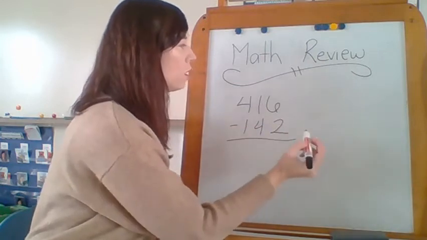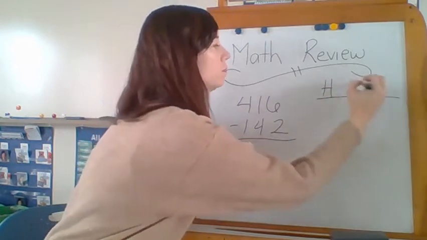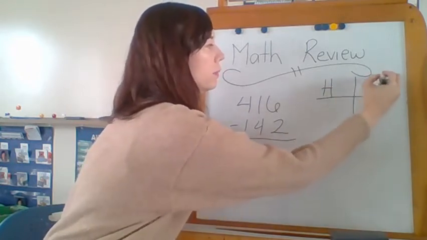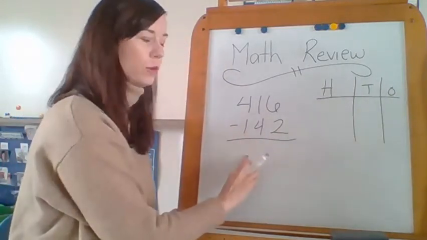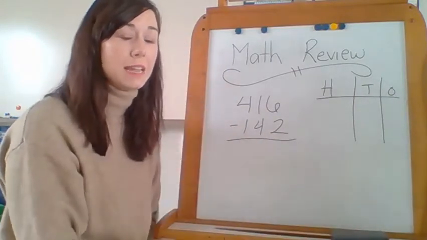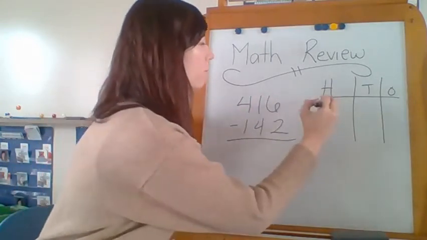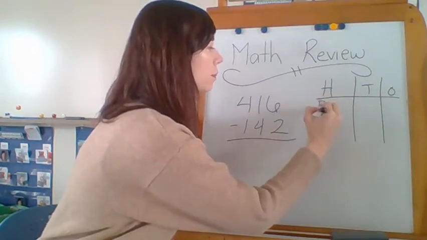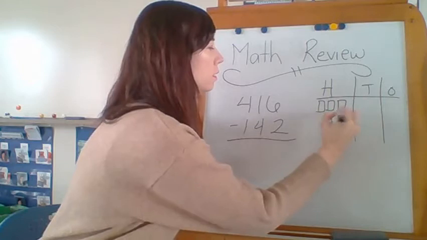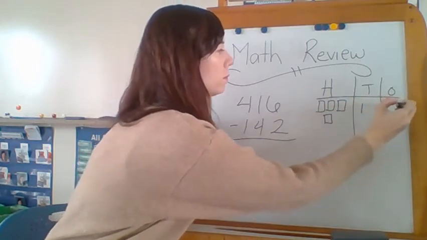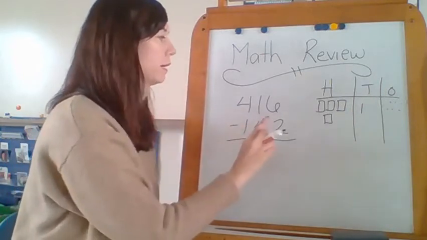Okay, so what I can do here is draw a picture, my hundreds, my tens, and my ones. And then I'm going to solve it here. If I have the same answer, that would be correct then. So here I have 416. I'm going to draw my hundreds.